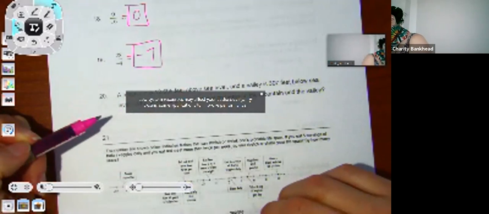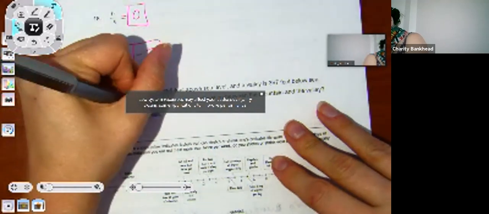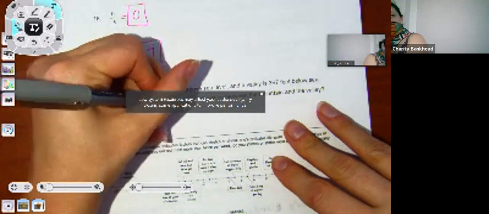All right, number 20. A mountain is 12,695 feet above sea level, and a valley is 397 feet below sea level. What is the difference in elevation between the mountain and the valley? They're essentially saying that that's negative 397. So it's like saying 12,695 minus negative 397.